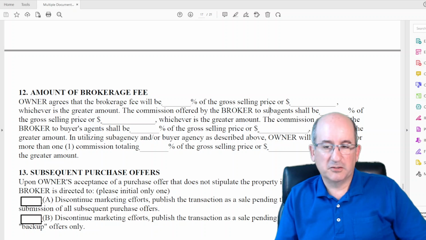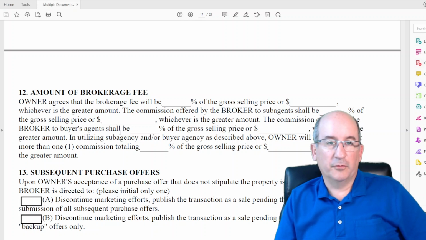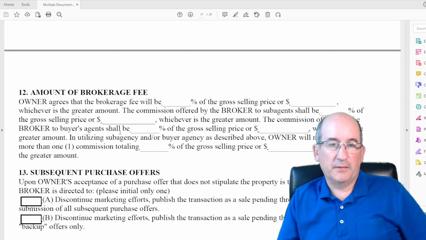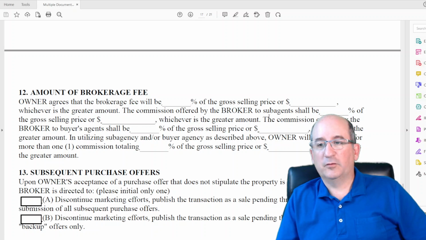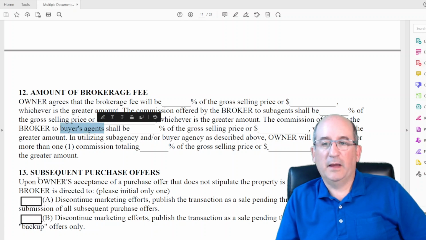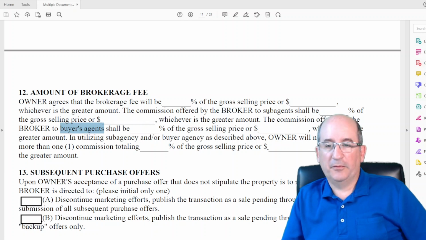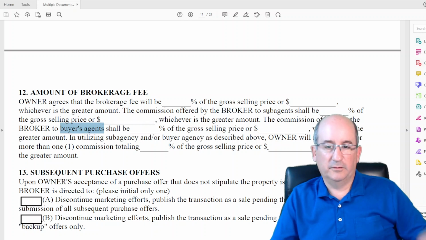We never do sub-agents, so I always put 0 in the sub-agent. So if somebody wants to bring an offer and they're saying that they're working as a sub-agent, great, there's no commission. And that's the way that you encourage them to be a buyer's agent, okay? Because a sub-agent doesn't mean that they're representing their client. It means that it's different.